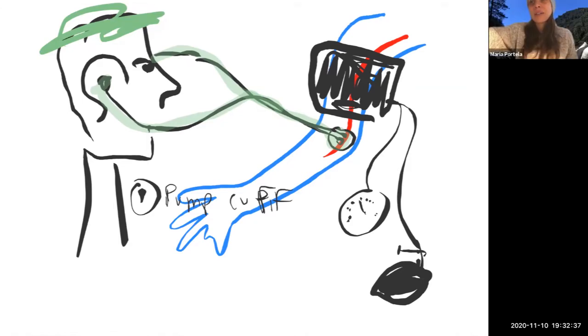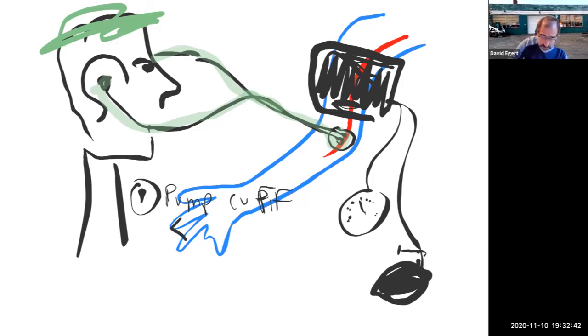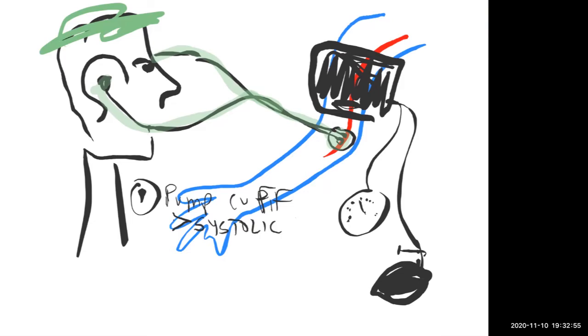More than 120? Exactly. So this is going to have to be something greater than the systolic pressure. I think it's like 30 millimeters of mercury above the systolic pressure.